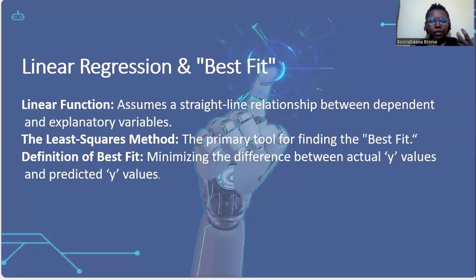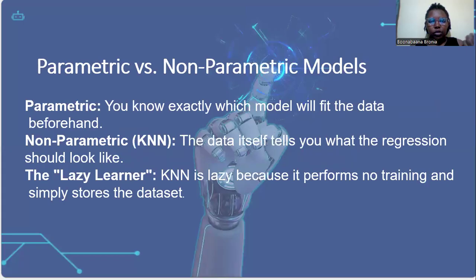The best way we can define a best fit, or the importance of a best fit, is the minimizing of the difference between actual values and the predicted values, to reduce the error. If we minimize that difference between the actual value and the predicted value, we know how well our model is performing, and if it is ready to go outside there to do the job.